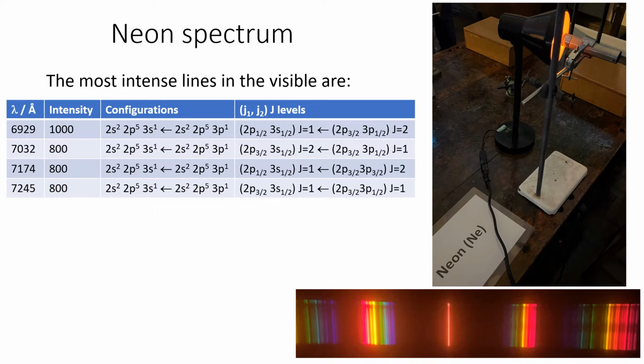The orbital 1 and the spin half are coupling together to give a resultant of a half, written as a subscript, and given the symbol little j for total angular momentum. It's the resultant of the spin and the orbital coupling together. And then the other one, 3s half, has an orbital angular momentum of 0 and a spin angular momentum of a half, giving a total angular momentum for the other electron of little j2 equals a half.